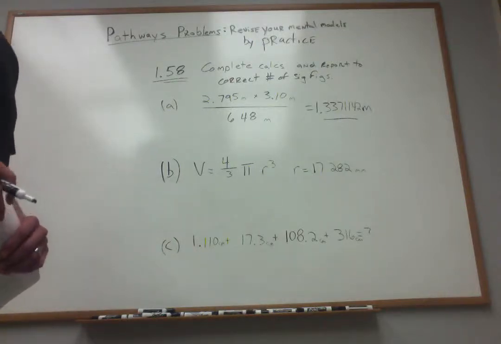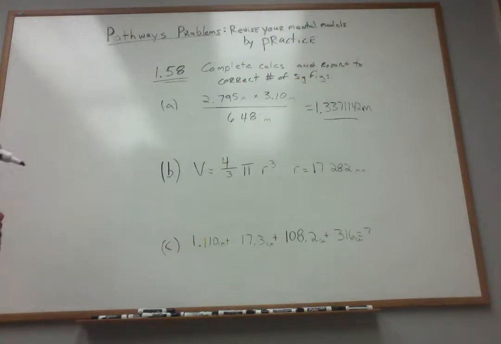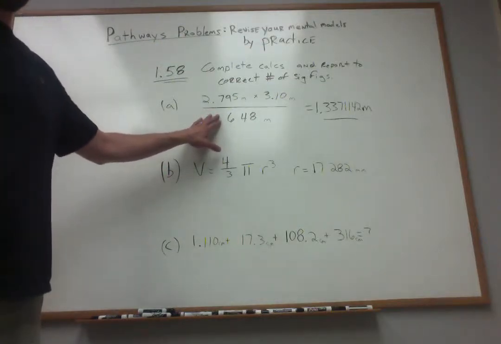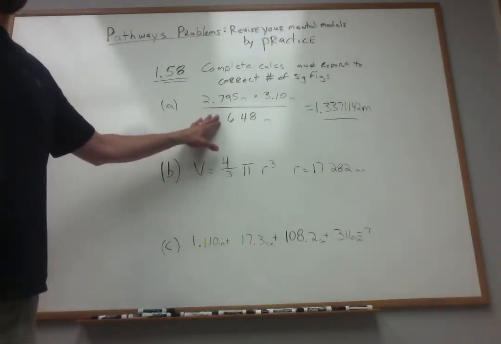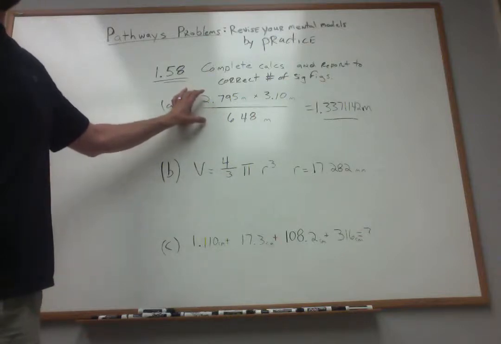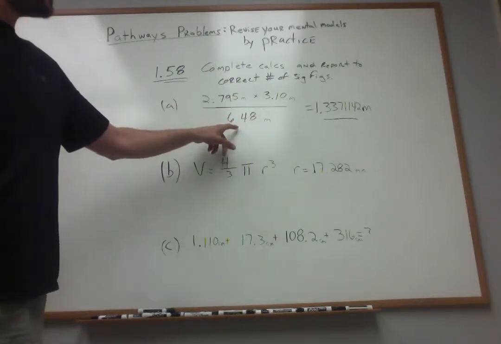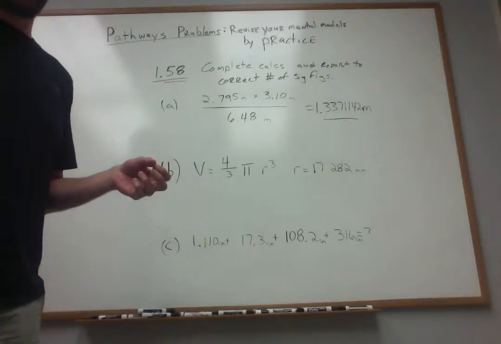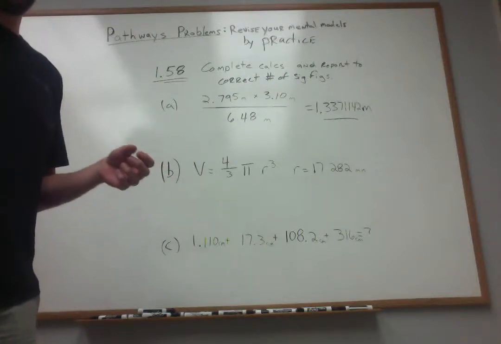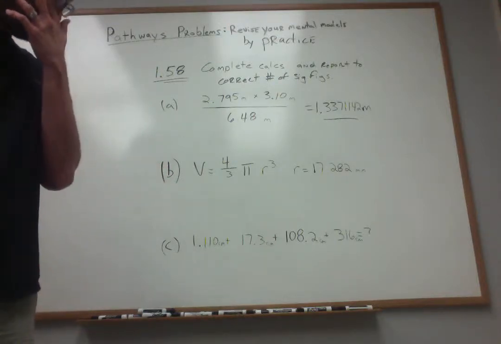Well, what we need to do is review in our book and from our lecture the rules for propagating sig figs through calculations. There are different rules for different types of calculations. For instance, I'm familiar with the rule for multiplication and division. This particular computation only involved multiplication and division, and fortunately, the rule for multiplication and division is identical.